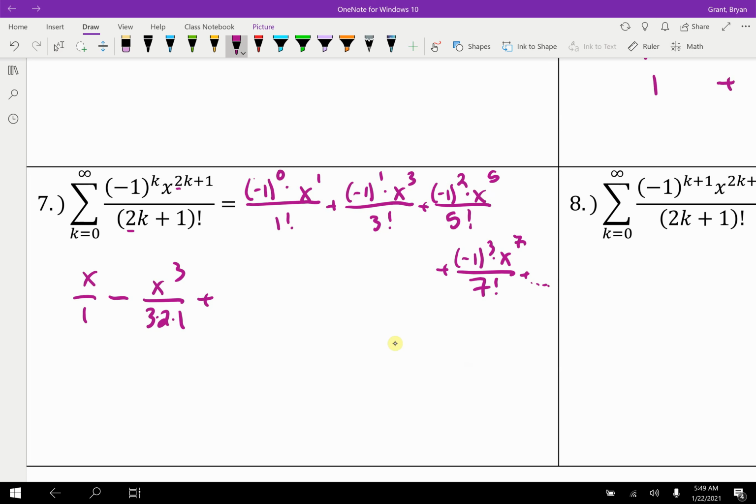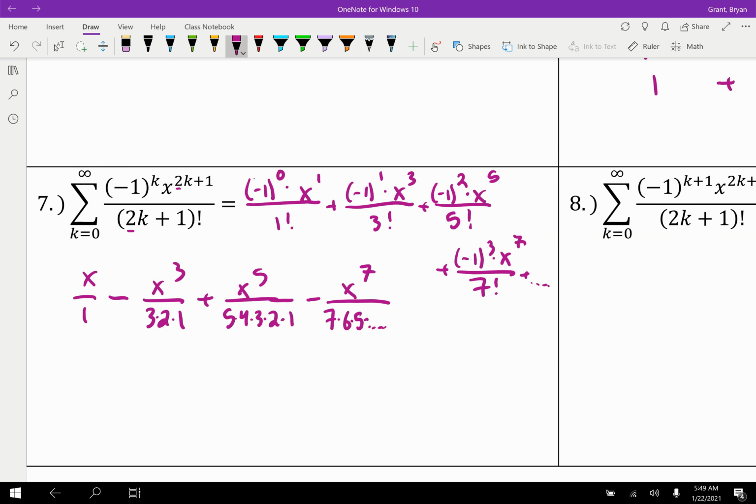Isn't that what happened before too, I think? x to the 5th over 5 factorial. And the last one, we're going to switch again in sign. So actually that negative 1 to a power is very, very commonly used in sequences or series. We call them alternating series because the signs alternate every time, and I call this our alternating factor. It's the piece that causes our series to actually alternate in sign.